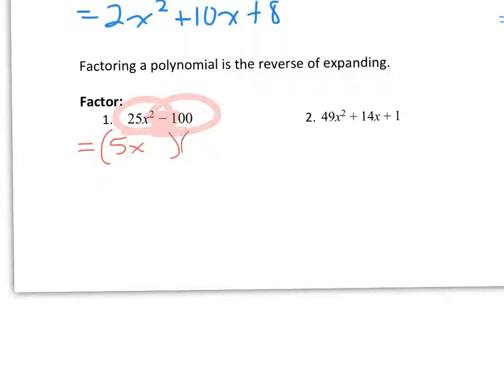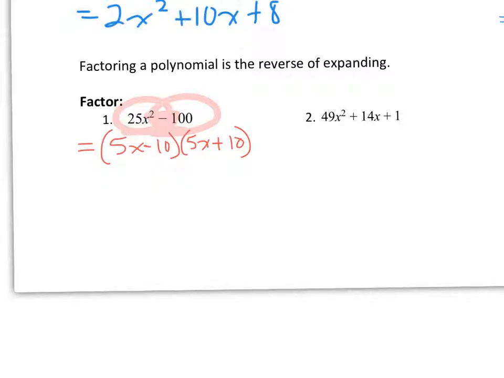I square root the second term, which 100 square rooted is 10. I put that into both of my brackets, and the only thing that's different is the sign. So I'm going to put a negative in one bracket and a positive in the other, and that is the difference of squares factored.